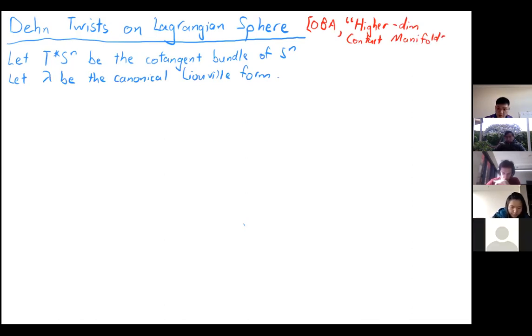Could you just bring the page down a little bit? Sorry? I can see contact manifolds, but not anything above it. Maybe it's my iPad.